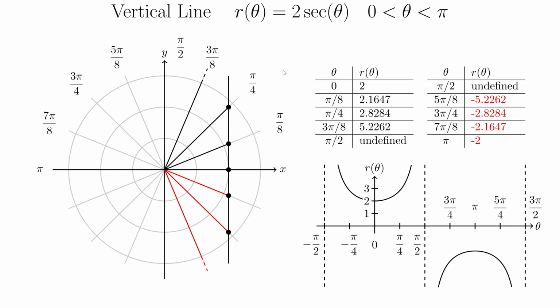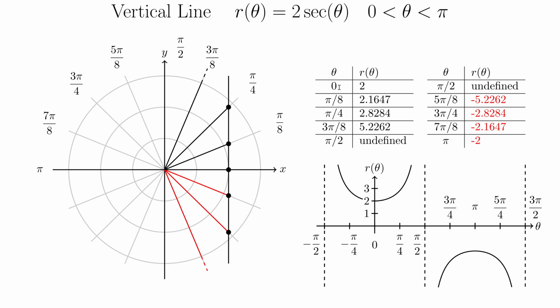So if you do a vertical line, this is going to be a secant. If you use the identities for translating from Cartesian to polar, and you want to do x equals 2, you'll get this equation.